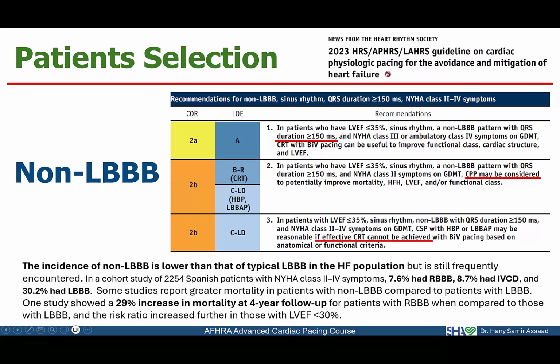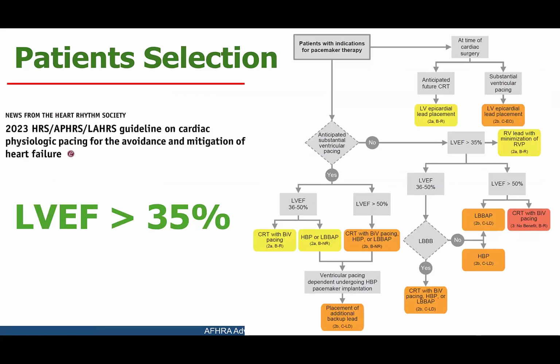The same goes for ejection fraction more than 35%. And we have a clear indication of 2A for those who have an anticipated substantial ventricular pacing and have an indication for pacemaker, even with an ejection fraction less than 50%.